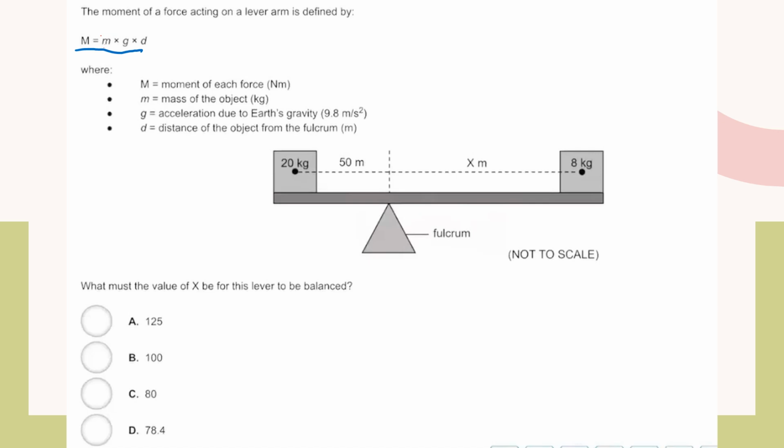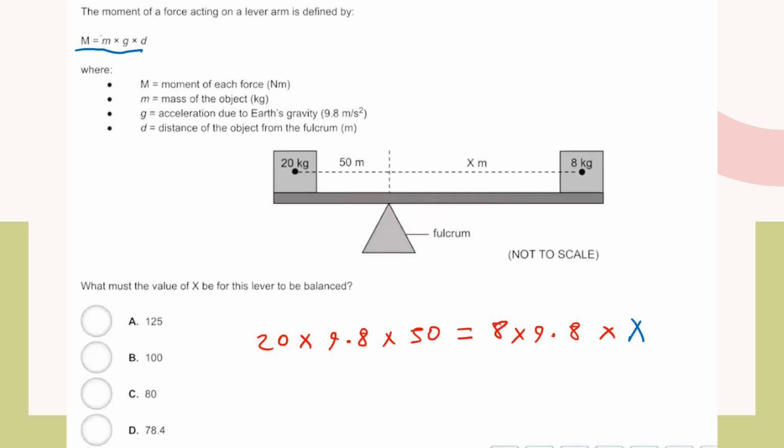So the capital M of the first one is equal to 20 times 9.8 times 50, and they say those are balanced, so it's equal to 8 times 9.8 times x. I'll put x in a different color so it can be easier to identify.